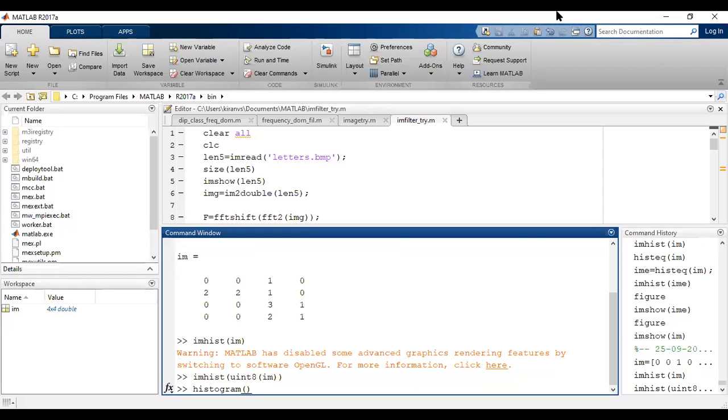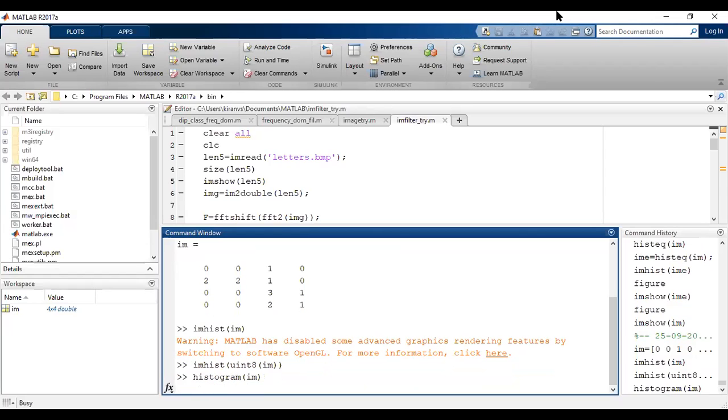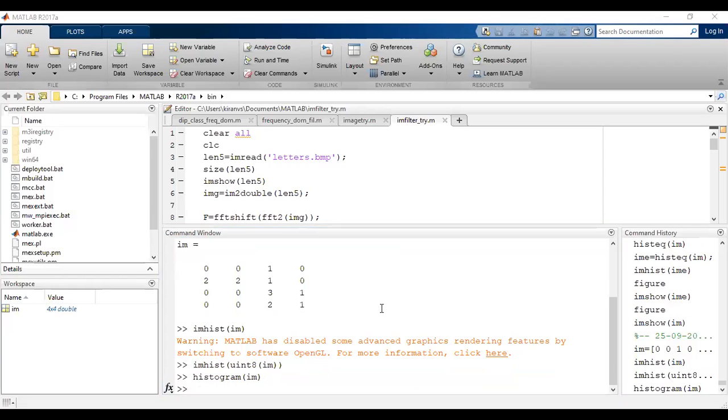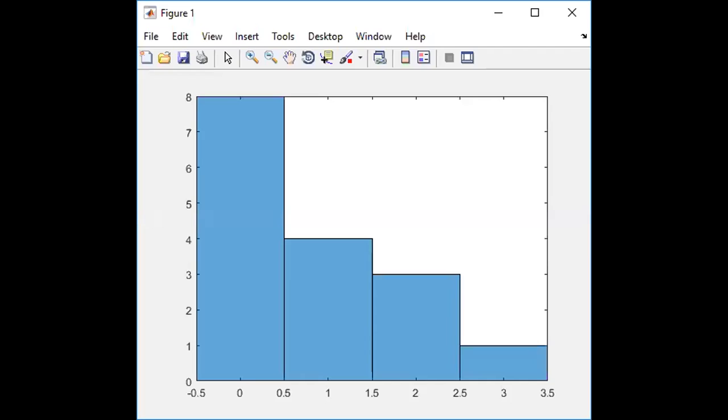Let me use this command, histogram, because the data type is not an image. Now can you see this histogram here? I used imhist only for images where the data type is unsigned integer. Histogram is for any kind of data. Now there I have my histogram.